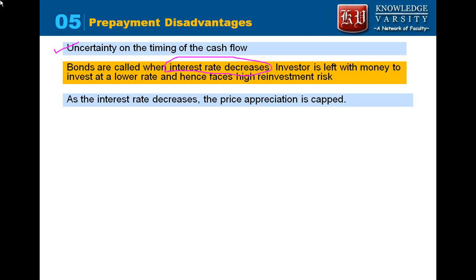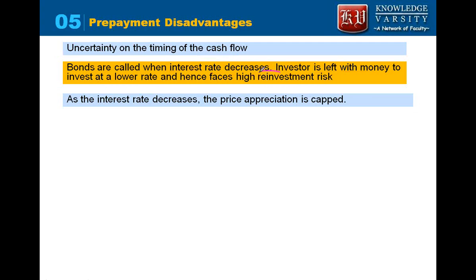So the bond investor or the bank is left with money to invest at a lower rate, because the market rate has decreased. He is not able to get the earlier rate which he was promised. He is getting less. So he is exposed to reinvestment risk.